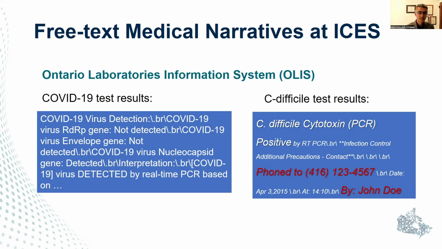This example doesn't have any identifiable information, but on the right, this is also from the same database, the Ontario Laboratory Information System, OLIS, but on the C. difficile test results. And as you see, not only is the result there, but it also has a phone number and the technician names that performed the test. So these are things that we are aiming to protect from the privacy perspective through this project.